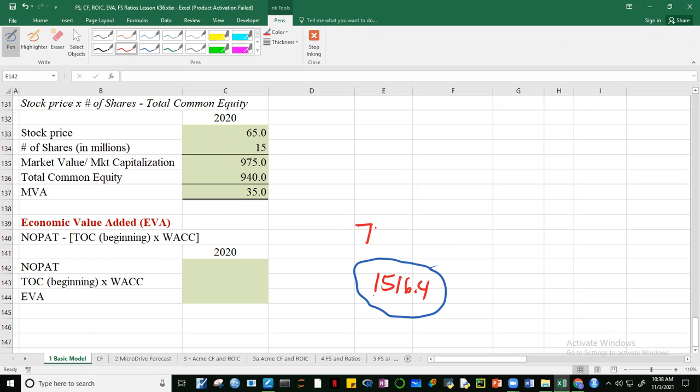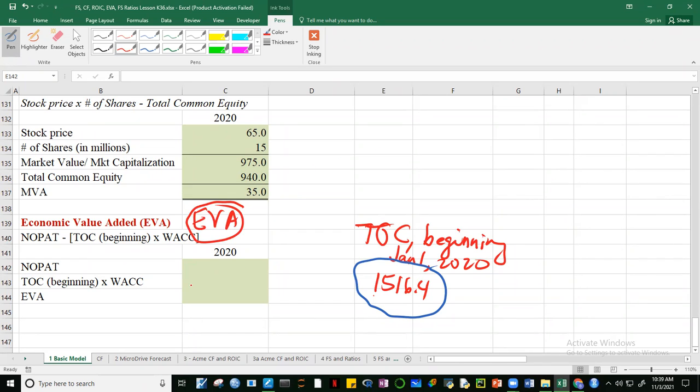Okay, so this is TOC beginning, which means that this is on January 1, 2020. In order to understand EVA, guys, which is a very important measure, we should understand the story.